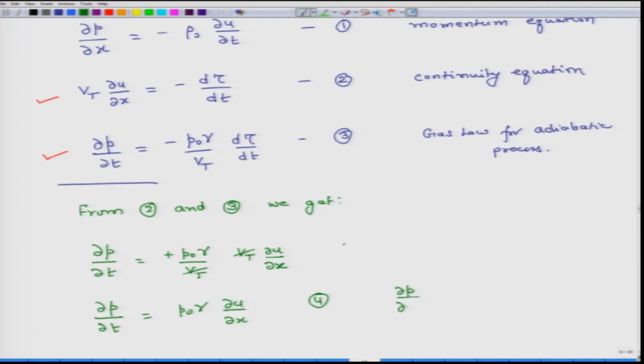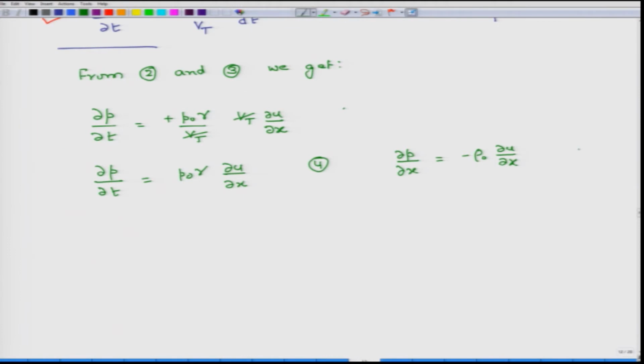Now I am rewriting equation 1, the momentum equation: del p over del x equals minus rho naught del u over del t.